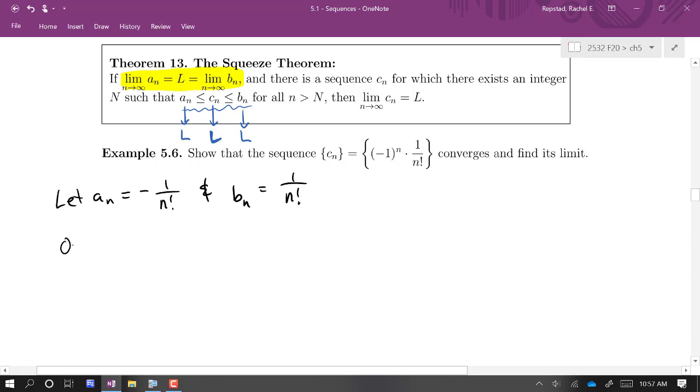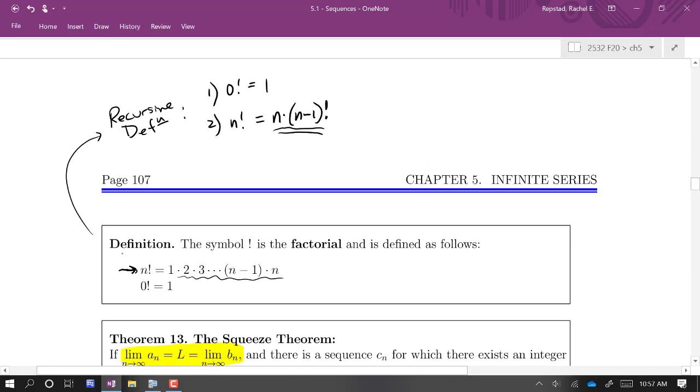We'll observe that the limit as n approaches infinity of negative 1 over n factorial is 0. You know, n factorial is defined as the product of all the integers from 1 up to n. As n gets big, that product just gets huge. That product grows faster than just about any other function that you've ever looked at so far.